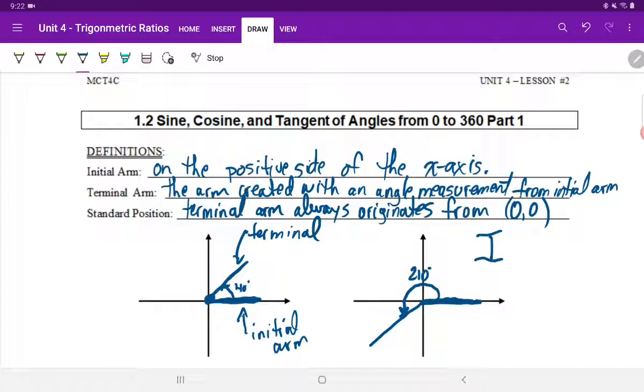If this is quadrant 1, this is quadrant 2, this is quadrant 3, this is quadrant 4, going counterclockwise here. All right, so we're just going through some definitions, some names of what we're going to be drawing throughout this lesson.